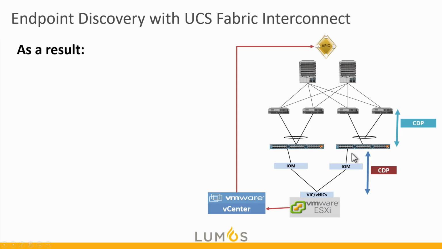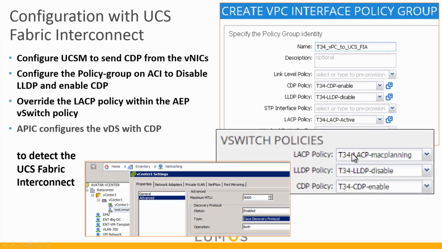The ESXi, and actually I will just go back real quick. So this is done through the configuration on the side of the APIC. This is done through a VPC interface policy group, and specifically will enable one protocol and disable another. Maybe LLDP will be enabled on the VPC interface policy group, even though here it shows disabled. Maybe it will be enabled and CDP will be disabled.